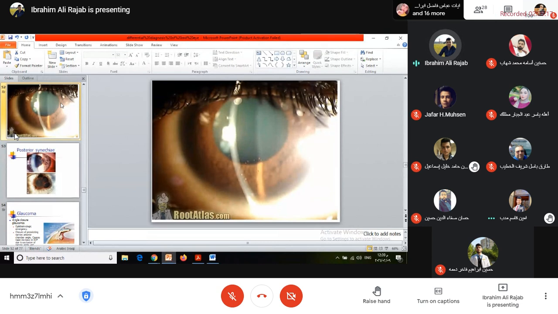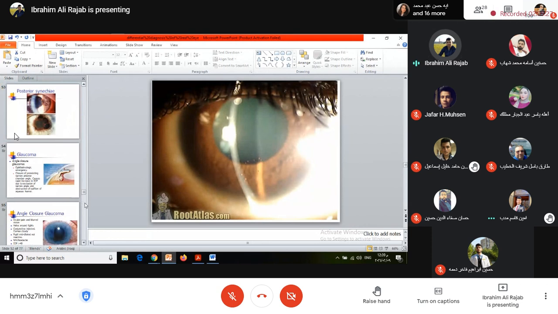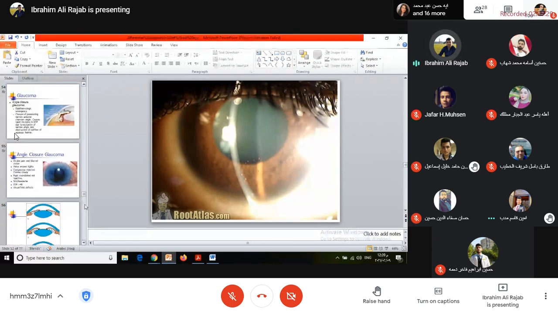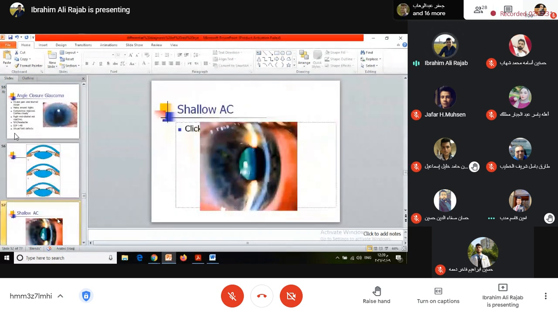Although in acute angle closure glaucoma maybe there is a reactionary uveitis, usually it is less. So the first differentiation: the anterior chamber is shallow here.